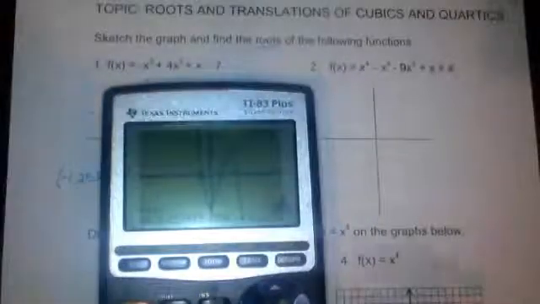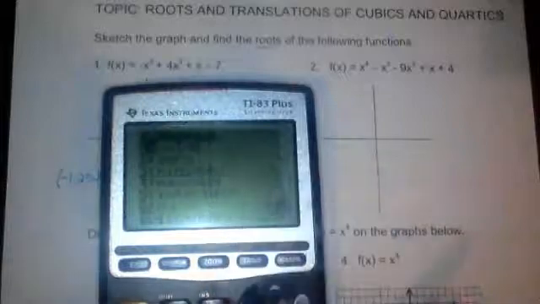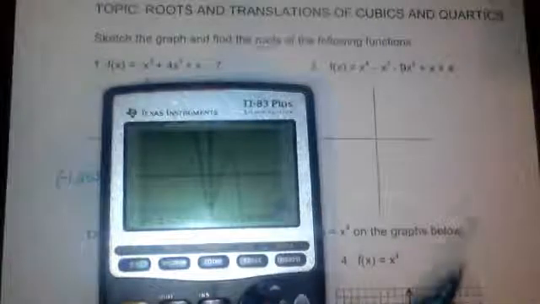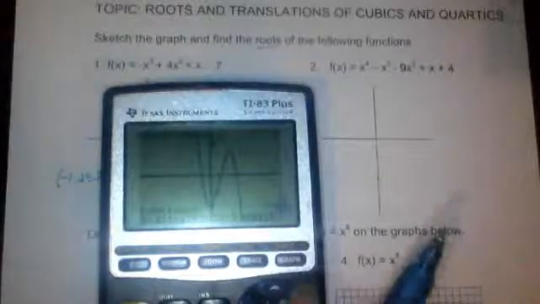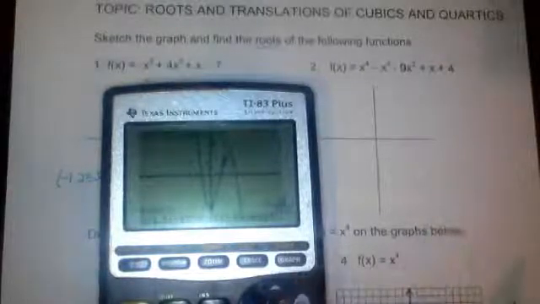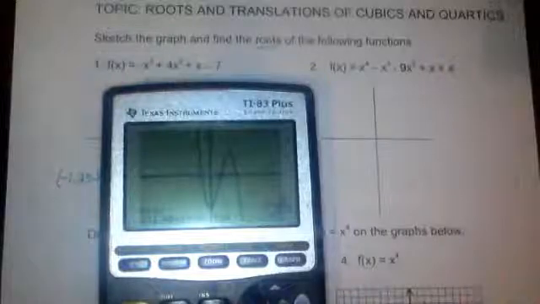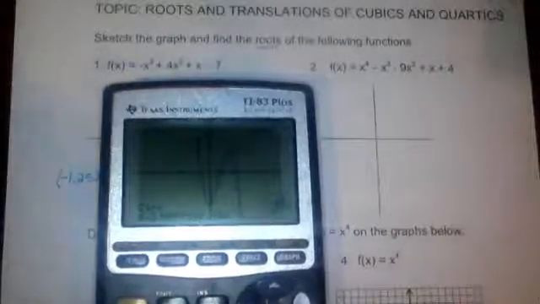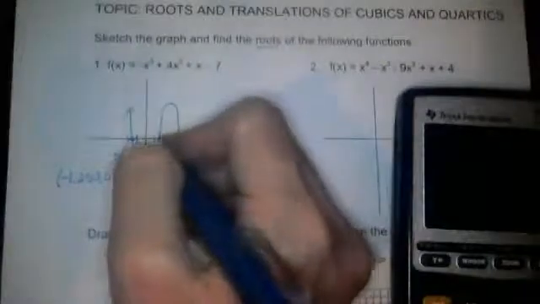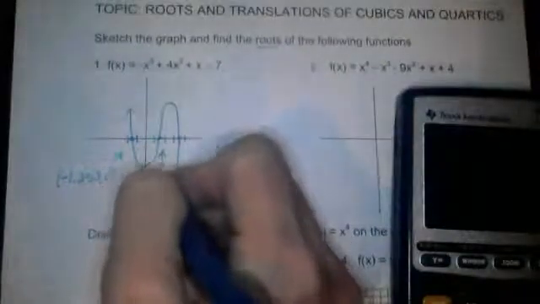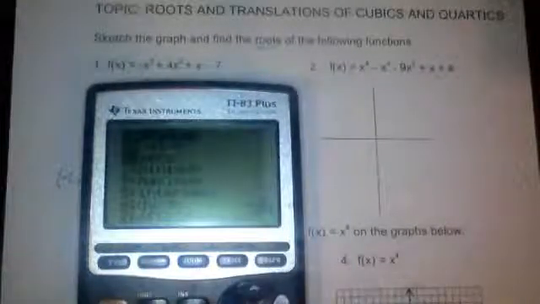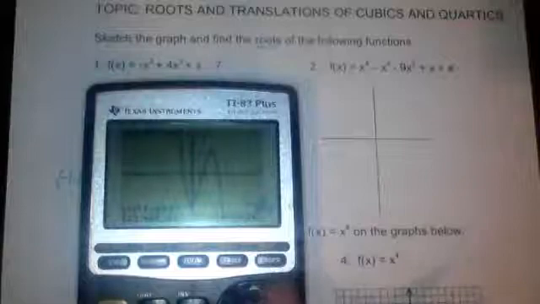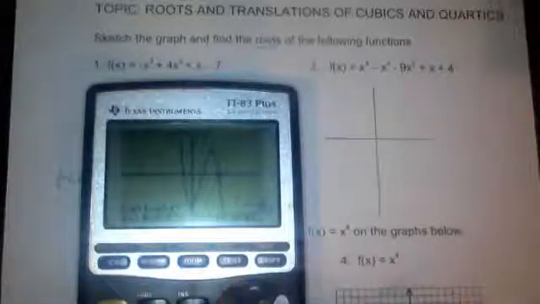And we're going to do that again for this next one. So second calculate, the zero. And then move left and right at that point. And we've got 1.480. And then that third one, second calculate, the zero.